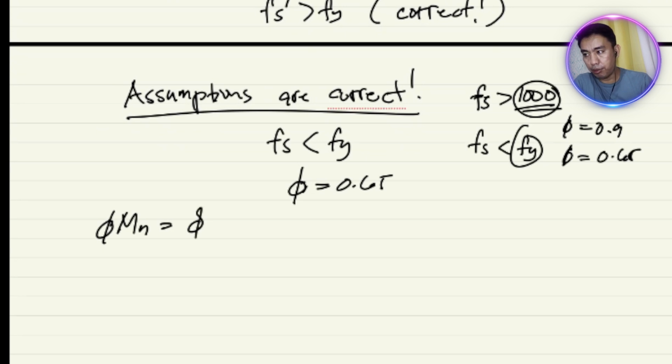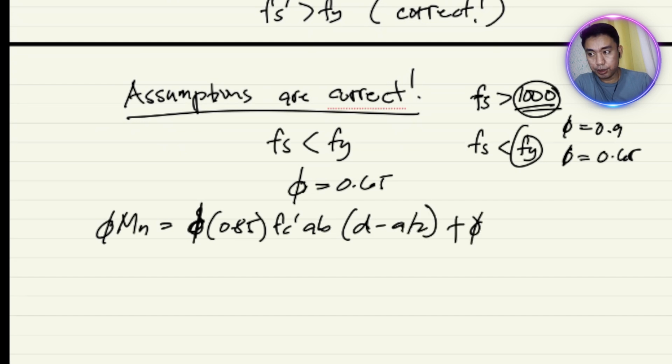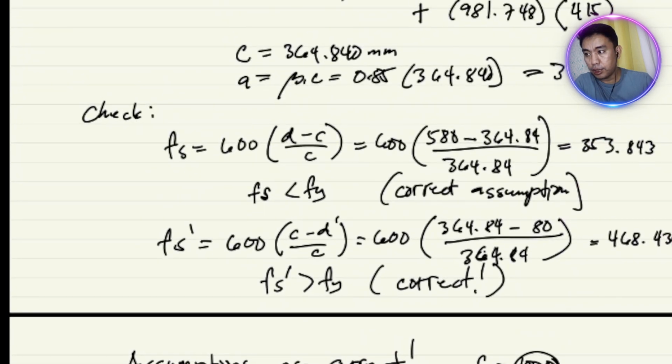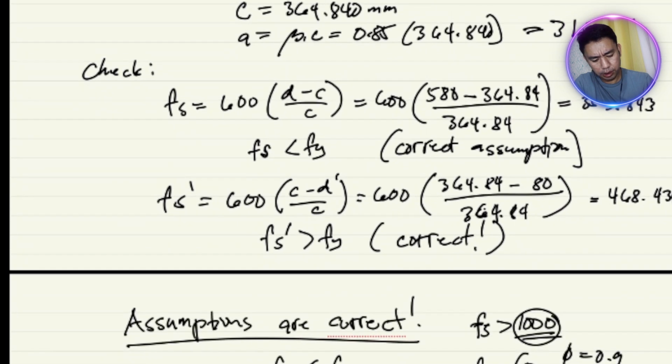Then, we can compute now phi Mn. Phi Mn is equal to phi times 0.85 fc prime ab times d minus a over 2 plus phi as prime fs prime d minus d prime. 0.65 times, ito yung phi, 0.85 times 21 times C. Na-solve natin yung C. A pala.